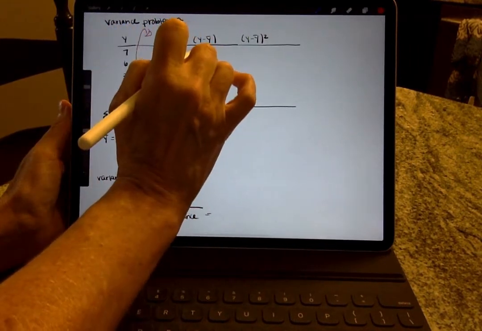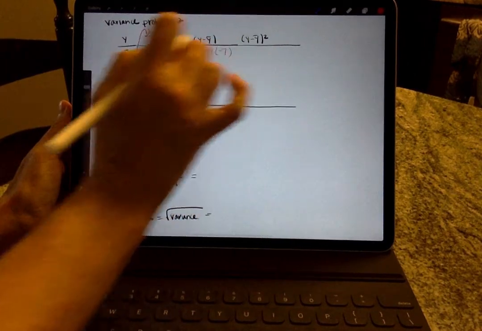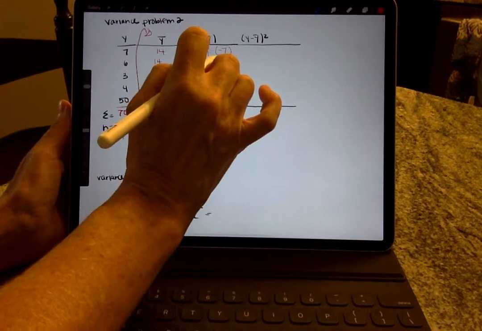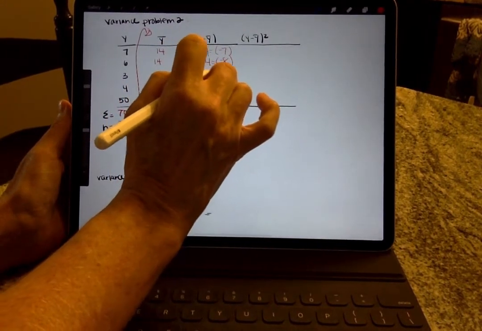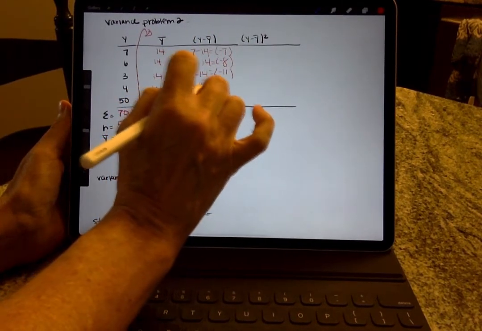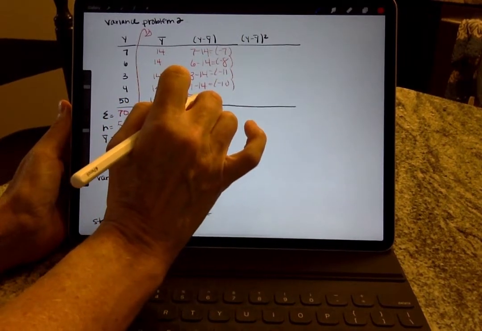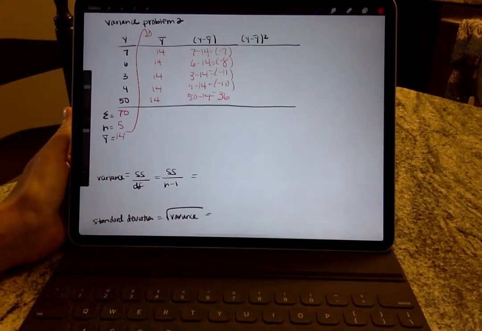For each row, we take the score, which in this case is 7, and subtract the y bar, so 7 minus 14, and that's negative 7. 6 minus 14 is negative 8. 3 minus 14 is negative 11. 4 minus 14 is negative 10. And 50 minus 14 is positive 36.